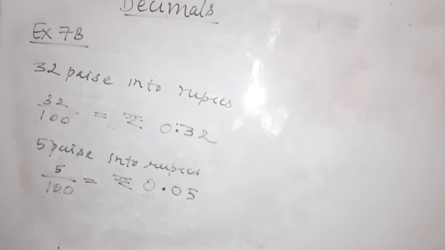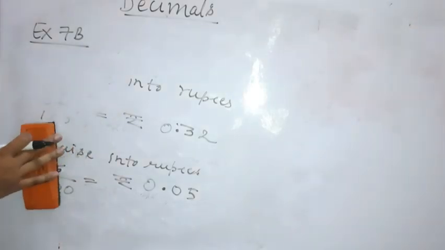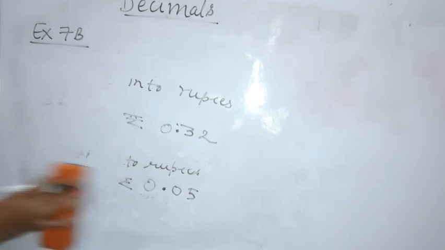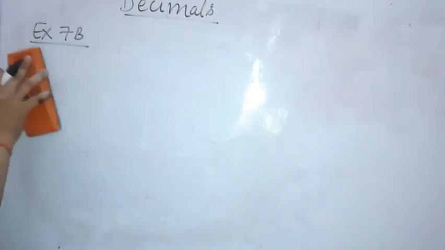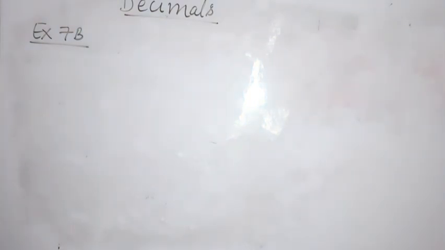Now I am going to explain you the next topic, that is operations on decimals. And for the next topic, addition of decimal and subtraction of decimal, I am sending you one more video, and that video is from class 5 only, but the concept is same. In that video I have explained you how to add the decimals and how to subtract the decimals.